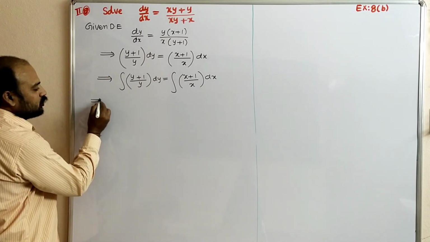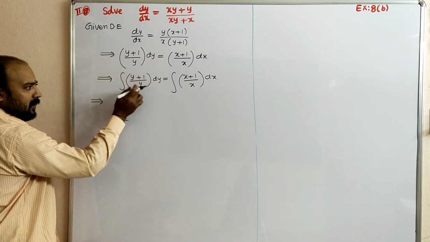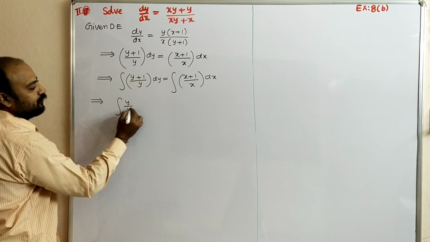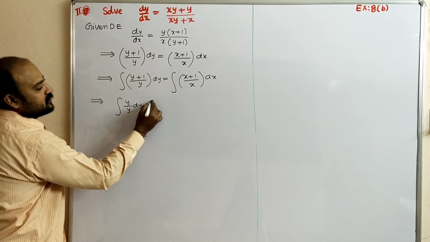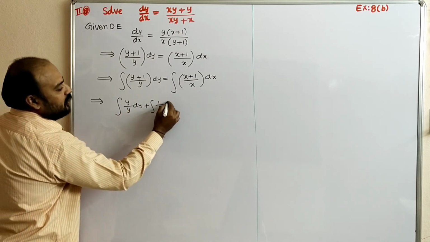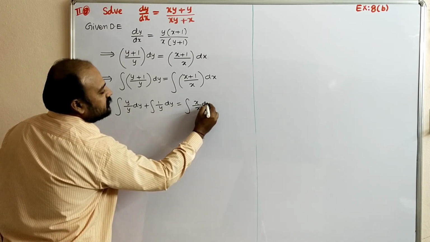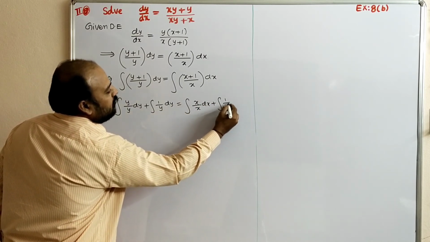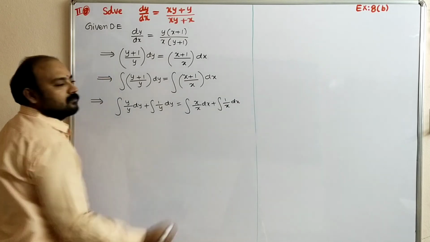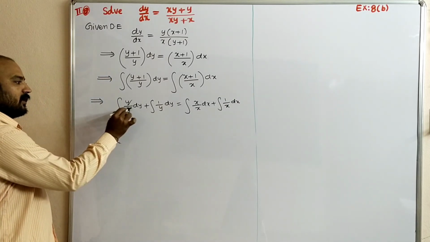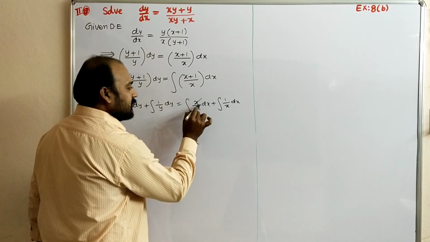Now split into two integrals here: the integral of y by y into dy plus the integral of 1 by y into dy, equal to the integral of x by x into dx plus the integral of 1 by x into dx. So now y gets cancelled, x gets cancelled.